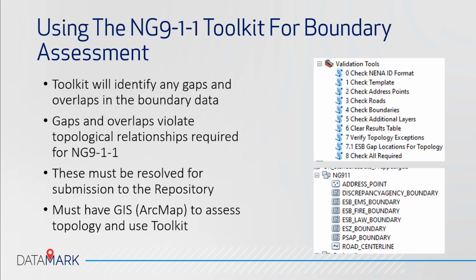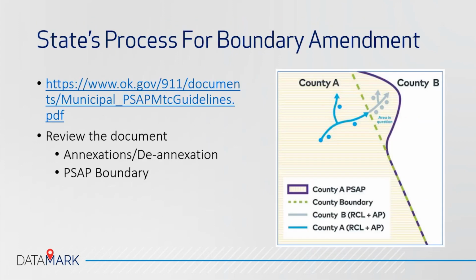Okay, so for example, if I go back up to the screenshot, say you've got a county boundary, so that green dashed line, for example, is the county boundary. The only way to access the subdivision that is in gray is through County A.